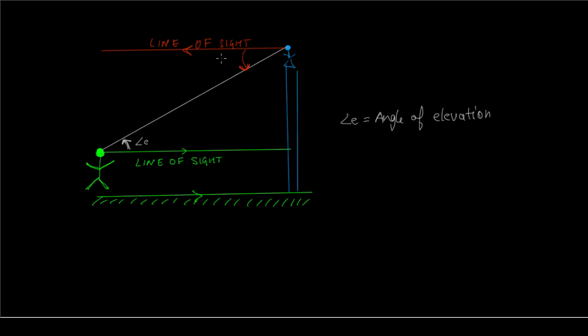This angle formed in the downward direction with the line of sight, this angle D, is called the angle of depression. So this is the angle of elevation, this is the angle of depression.